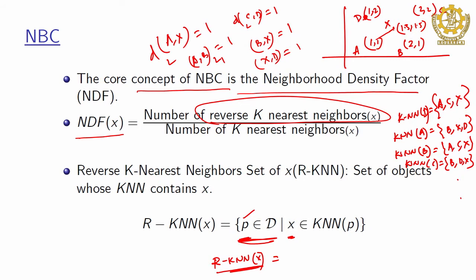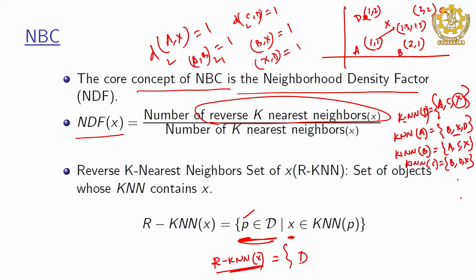What do you have to check? You have to check each point's neighbors, each point's KNN. So, X is appearing here, yes, X is appearing here. So, the reverse k nearest neighbor of X will include A. Now, X is appearing here, sorry, I wrote it wrong.